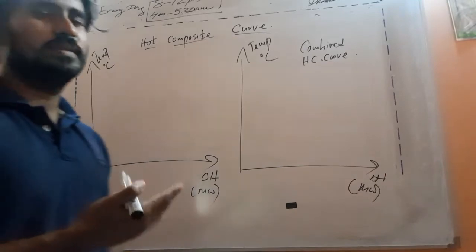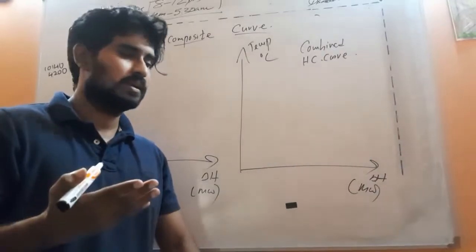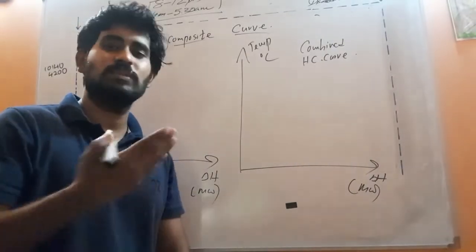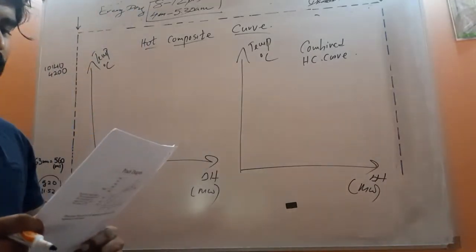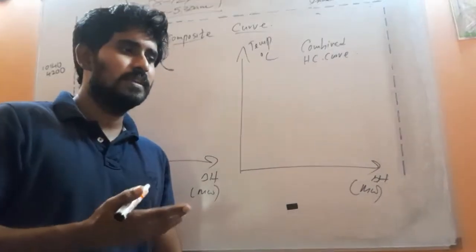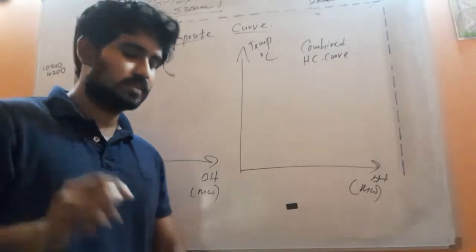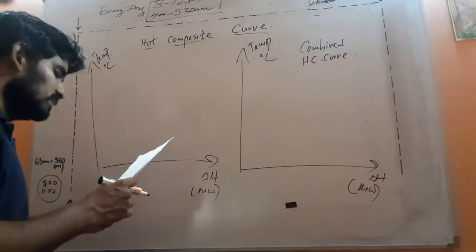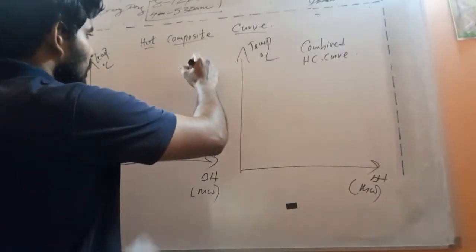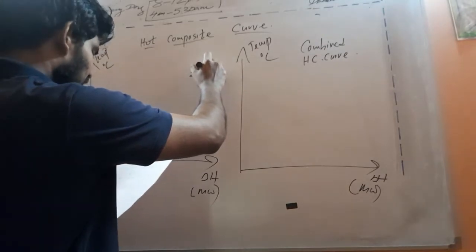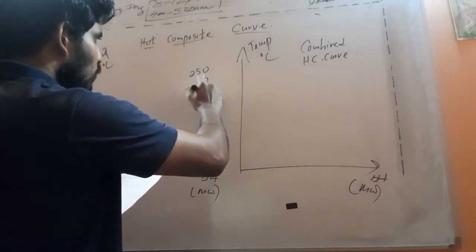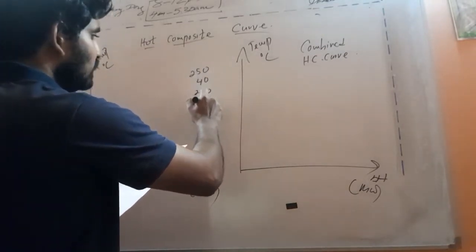For one process we have 2 temperature positions, one for supply and another for target. So for 2 processes we have 4 temperature positions. What are those temperature positions that we need? We need 250, 40, 200 and 80.